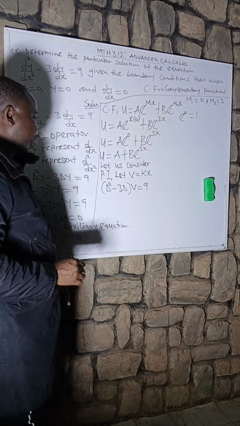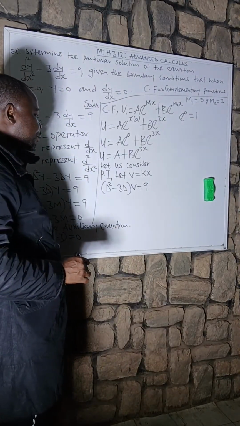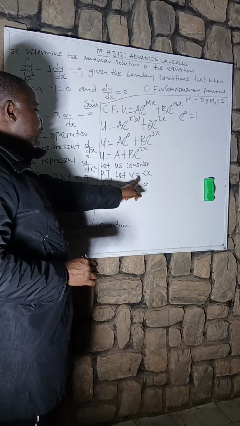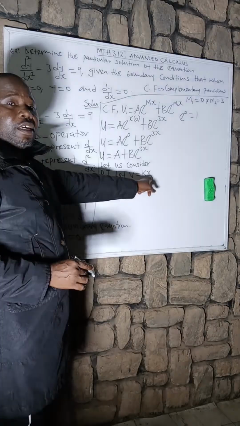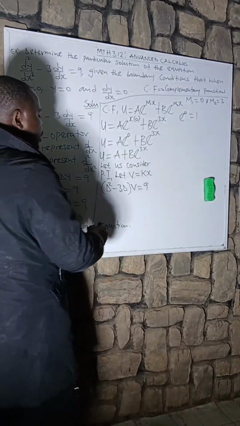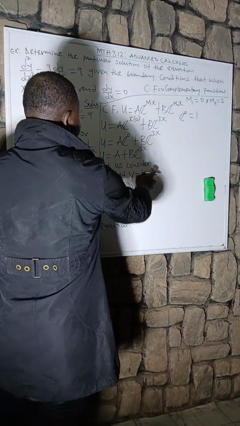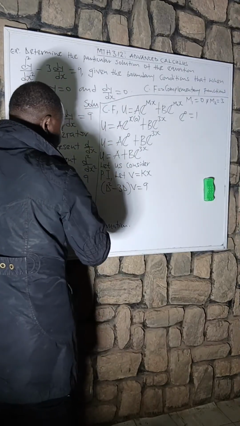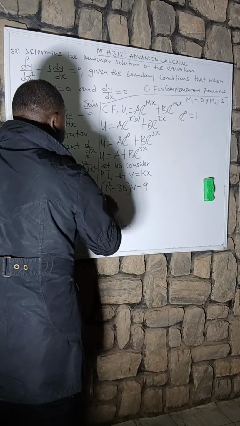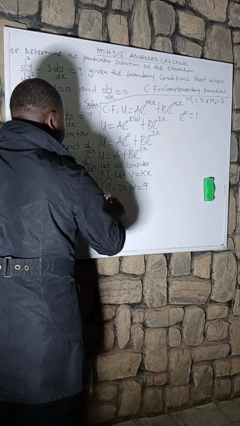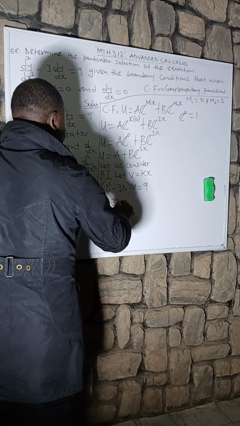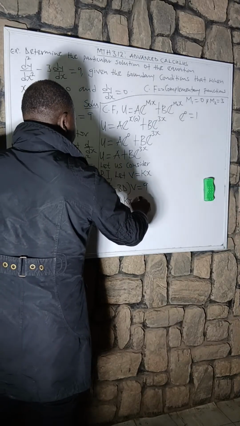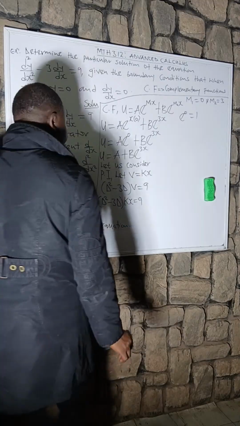That is how to consider the particular integral. So can you see now? So now here we said let v equal kx. So instead of v, we are going to substitute in kx. So here will now be, excuse me, open bracket d squared minus 3d, close bracket, kx equals 9.